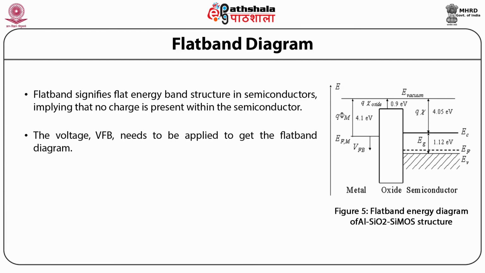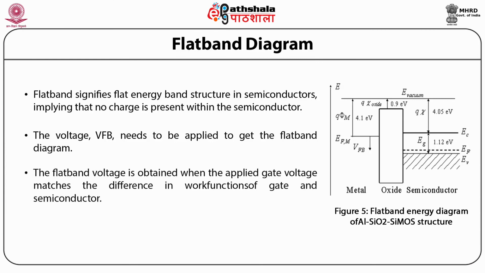The voltage VFB needs to be applied to get the flat band diagram. Work function of gate Φm, electron affinity of oxide χ oxide, and silicon and the band gap of silicon Eg are also indicated in the figure.